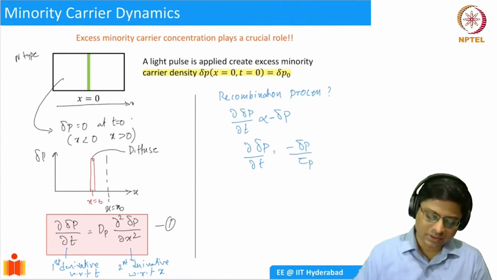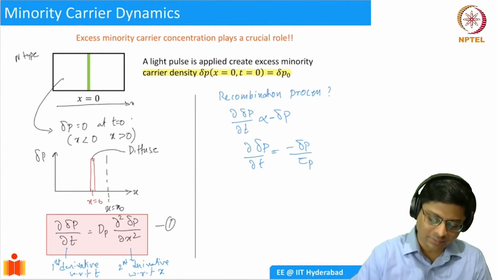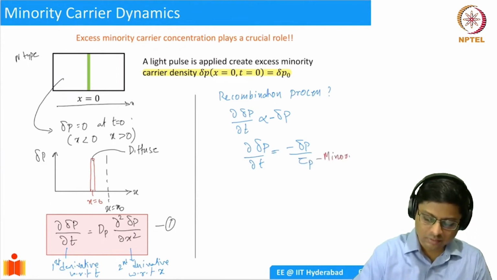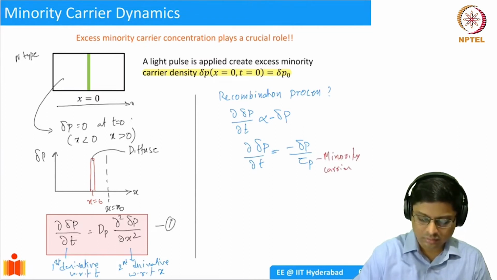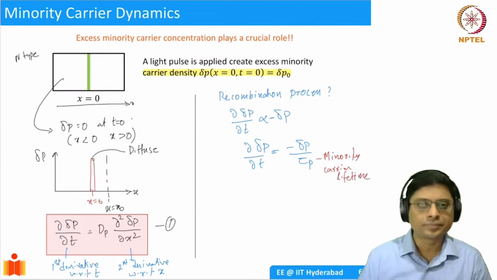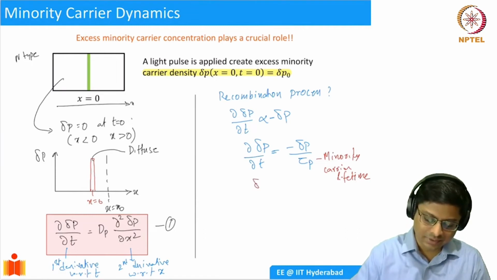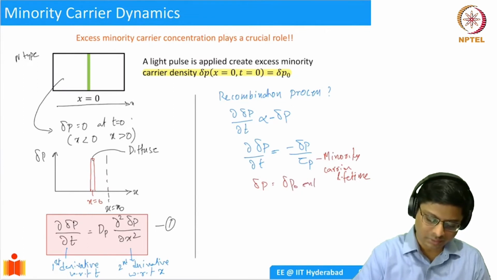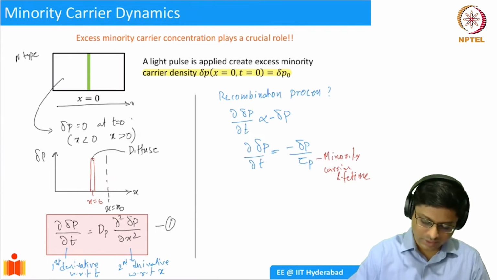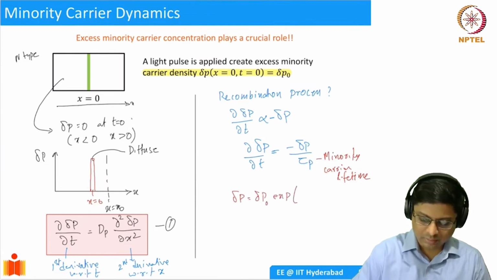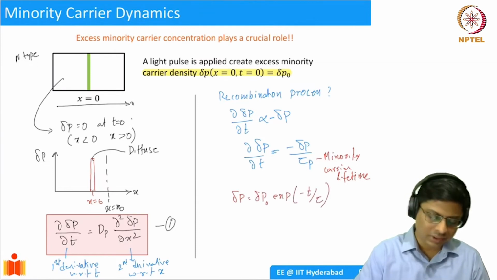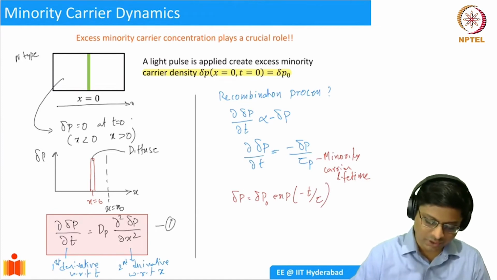So this proportionality constant, which I call the minority carrier lifetime, and if you solve this, you will see that delta p is going to be delta p naught exponential minus t by tau. So that's why I wrote in one of the previous slides that this is basically an exponential decay.